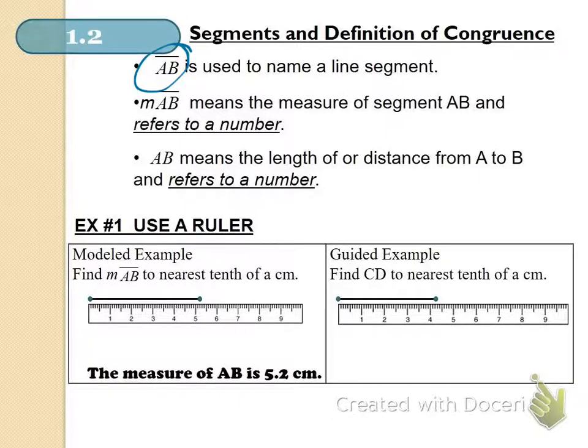So if we consider a line segment AB, if we want to talk about the measure of a segment, then we want to put a lowercase m in front, right? Or if we want to talk about the length or the distance from point A to point B, we could just drop all symbols altogether and just use AB, right?